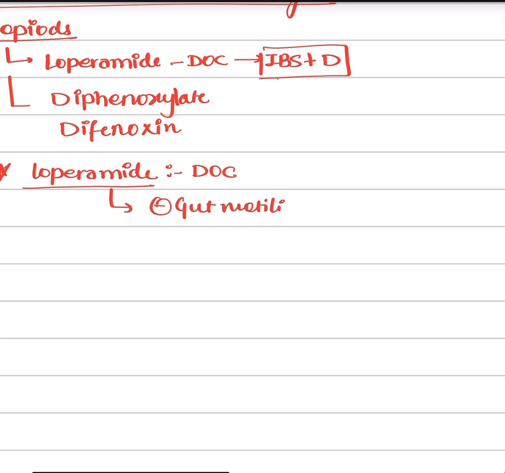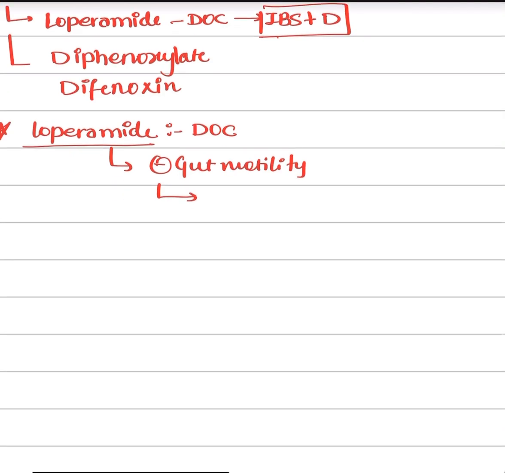If it inhibits the gut motility, then the bacteria which are being excreted due to diarrhea will not be excreted, and the infective diarrhea will increase its flora in the intestine and the condition may get worse, and the infection may spread to the systemic circulation. So it's better to avoid loperamide unless it is required.